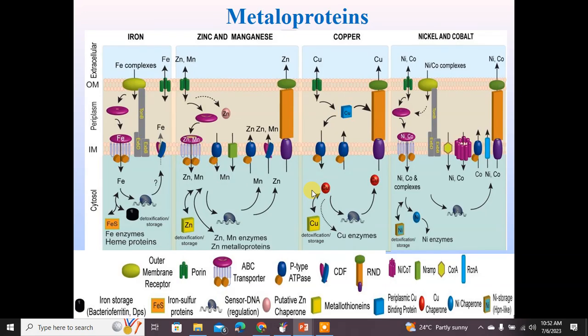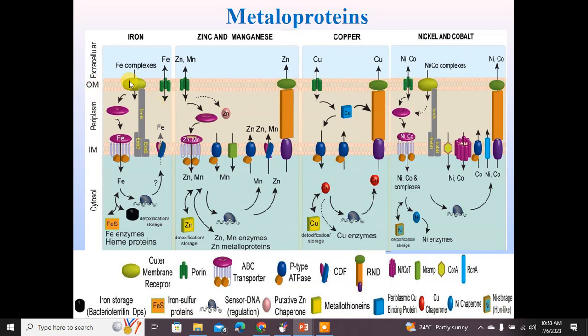Okay, so we talked about the cofactors, or zinc and transition metals. In this slide you can see this is the cytosol part. This is the plasma membrane. IM stands for inner membrane, the center stands for periplasm, and OM stands for outer membrane.